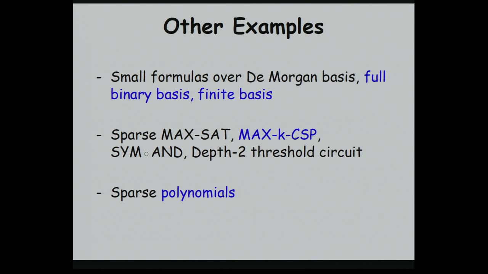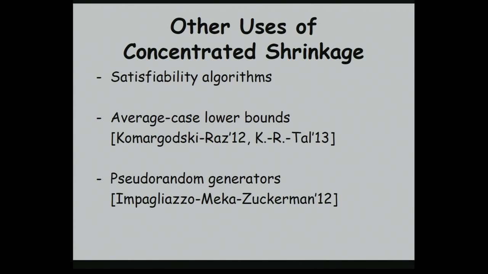If you think of CNF, it gives you a way to reduce CNF to k-CNF. There are some other uses of concentrated shrinkage. It can be combined with other techniques to get average case lower bounds and also pseudo-random generators.